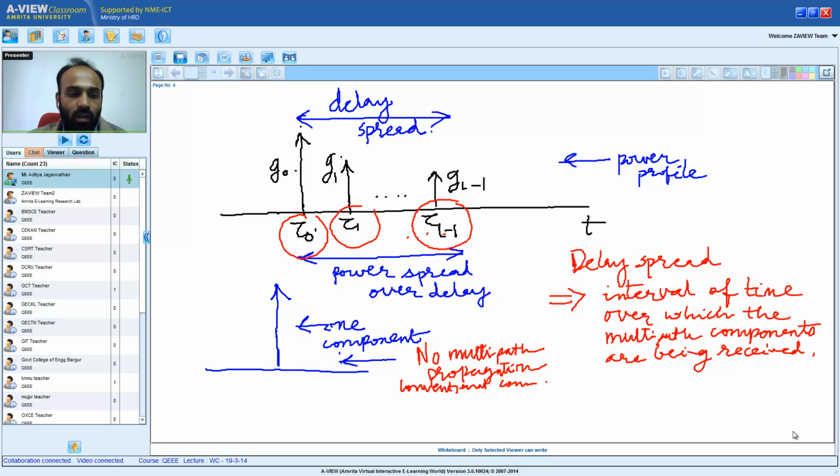This delay spread is inherently characteristic of a wireless environment because of the multipath propagation environment.